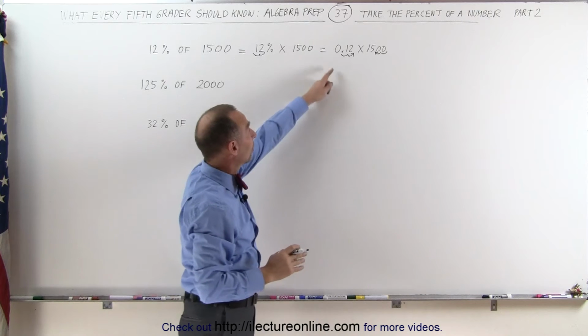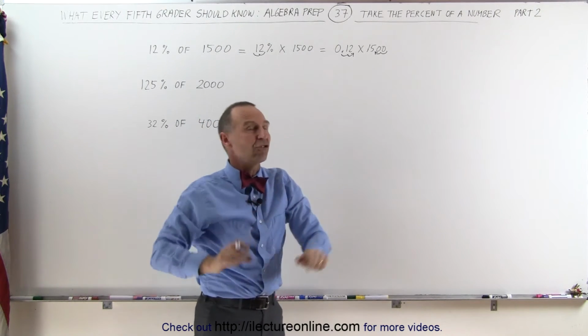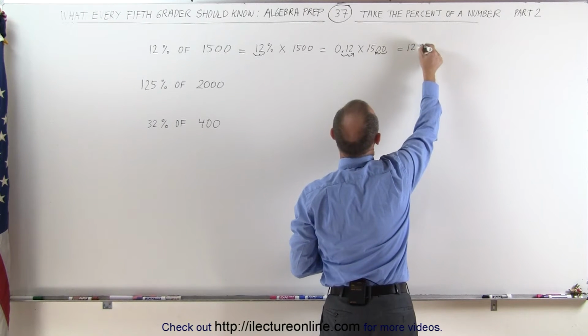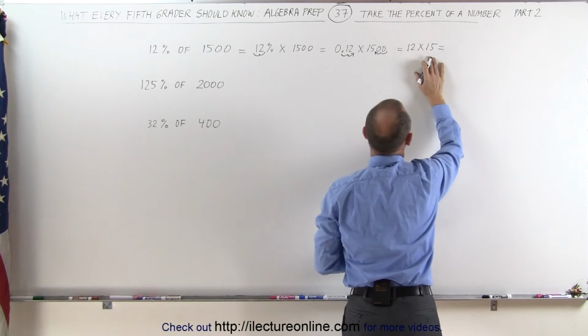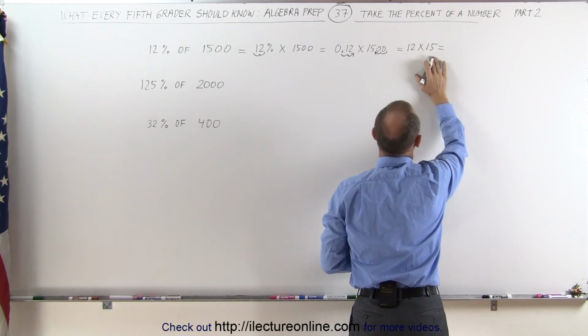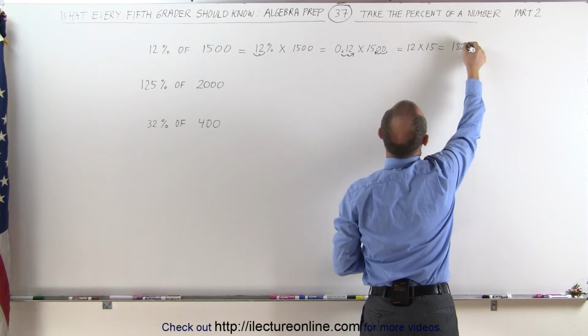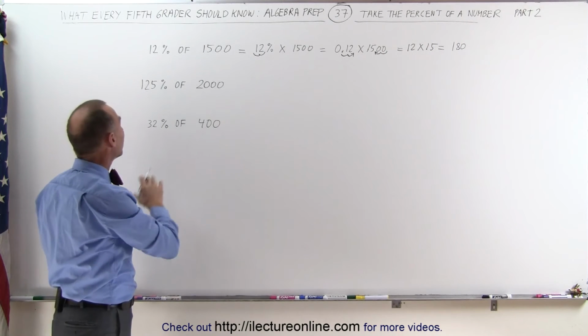If I multiply this times 100 and divide that by 100, the problem did not change at all. This simply becomes 12 times 15, and 12 times 15 is 10 times 15, which is 150, plus 2 times 15, which is 30, 150 plus 30, 180.